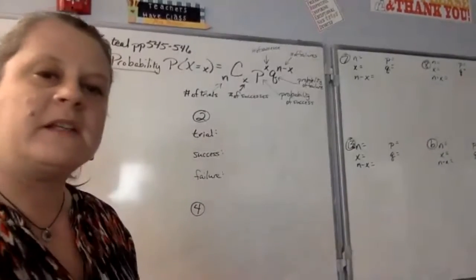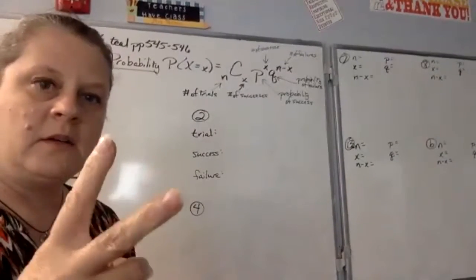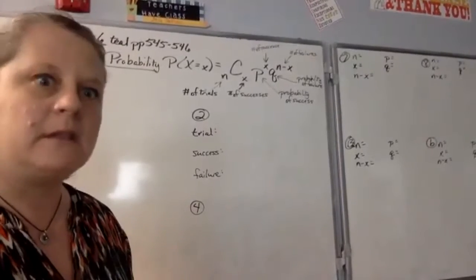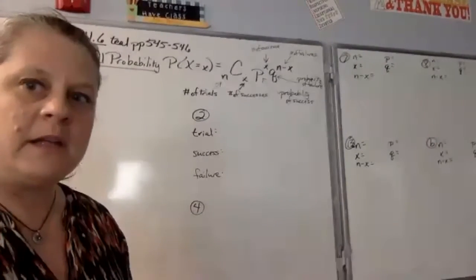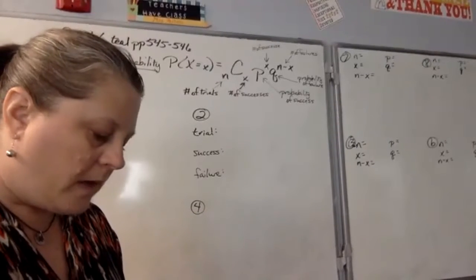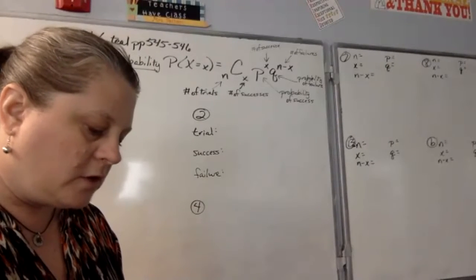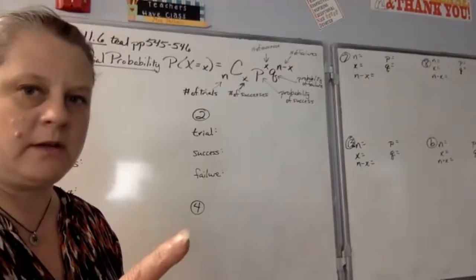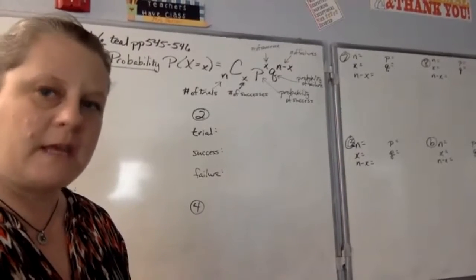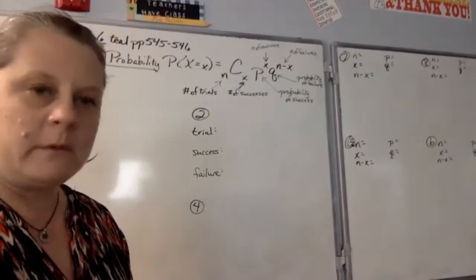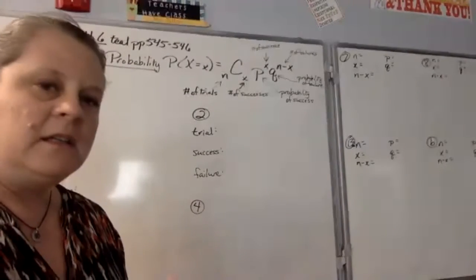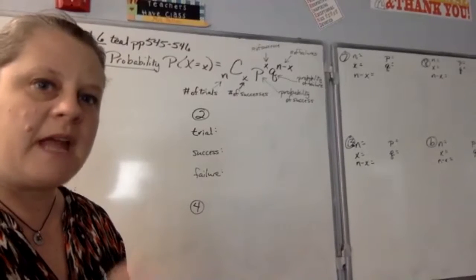First of all, the prefix bi means 2. Binomial has 2 terms. A bicycle has 2 wheels. Bipeds have 2 legs. So a binomial experiment or binomial trial has 2 possible outcomes. The one that you want is called your success, and the one that's not what you want would be your failure. And then the experiment is how many times they actually do it.